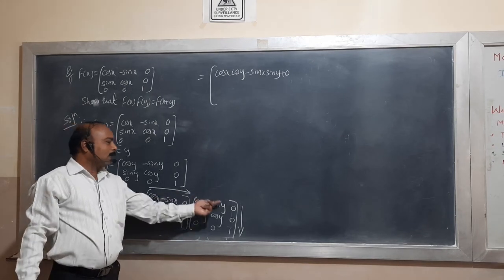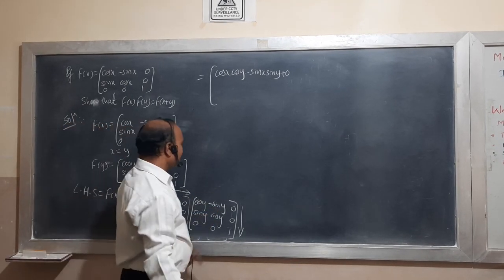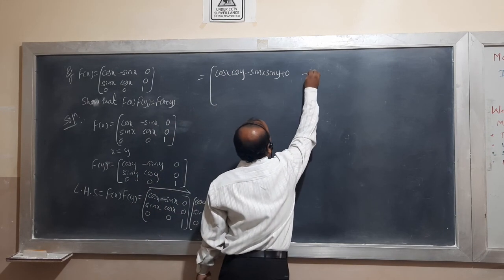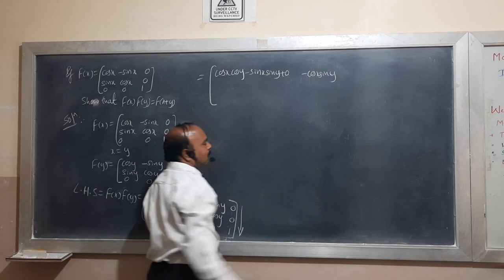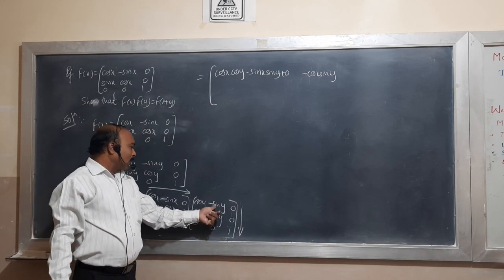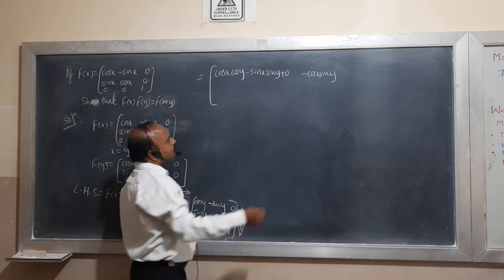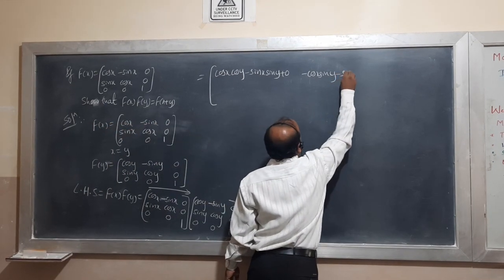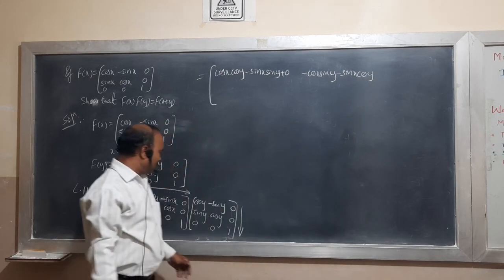Next first row with second column, cos x into minus sin y, it is minus cos x sin y. Next minus sin x into cos y.